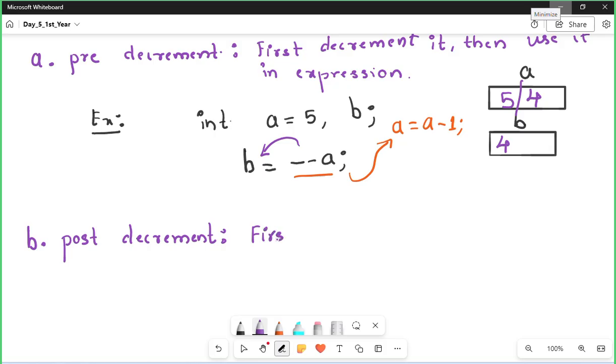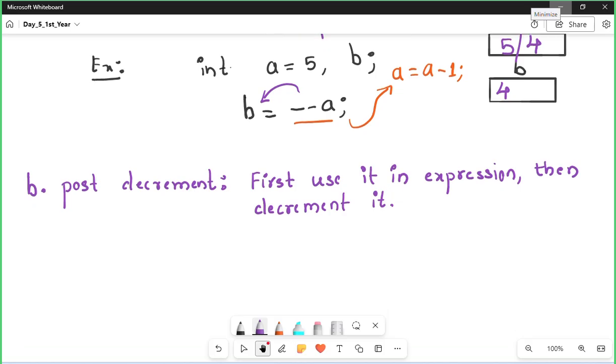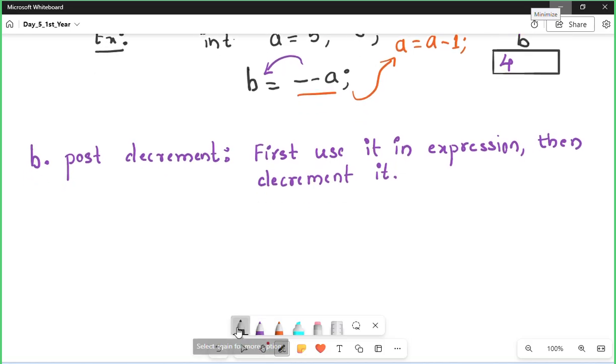First use it in the expression, and then decrement it. First use it in the expression and then decrement it. That is called post decrement.